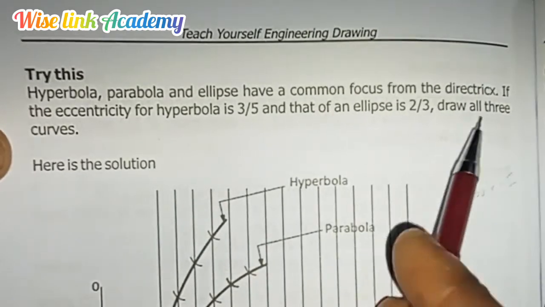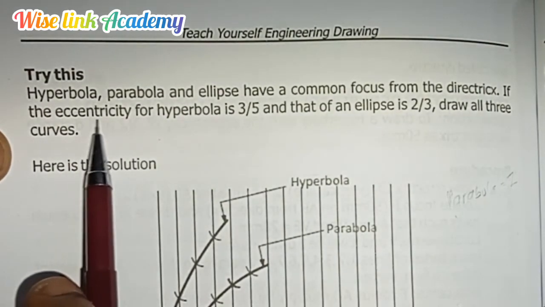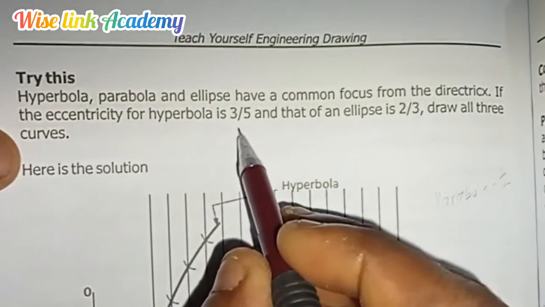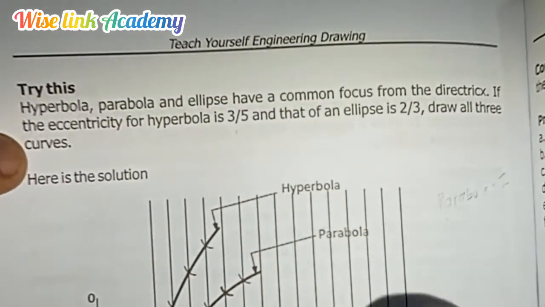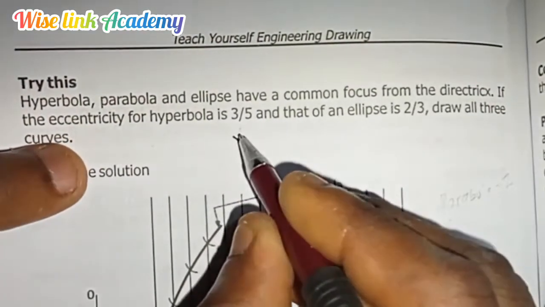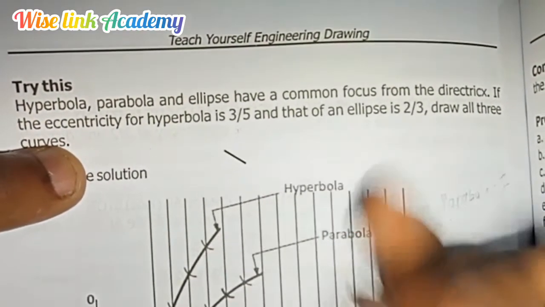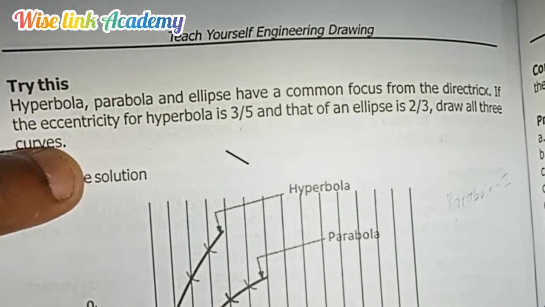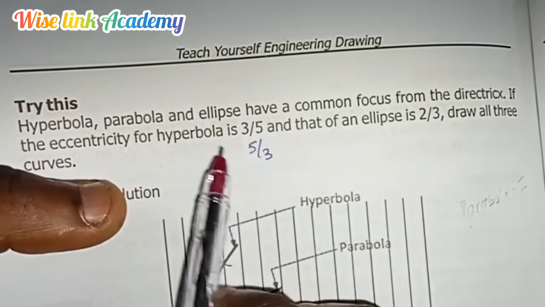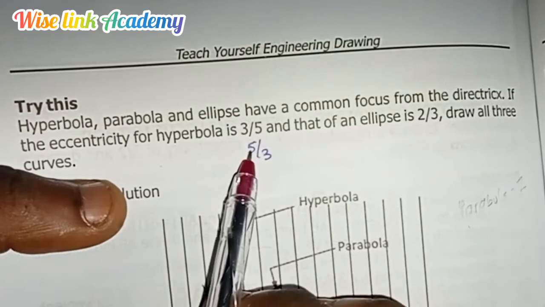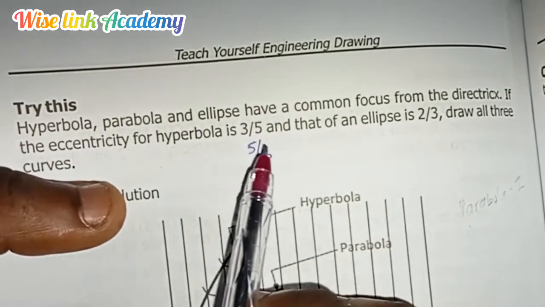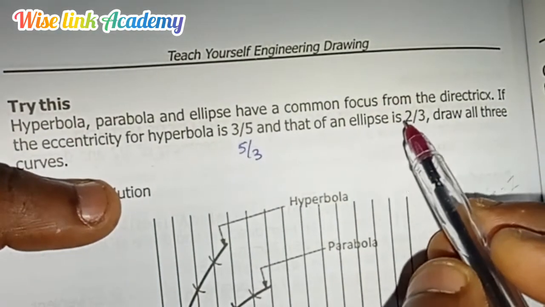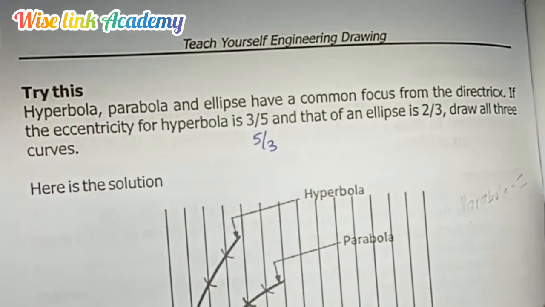So the eccentricity of the hyperbola is 5/3, not 3/5, because hyperbola is greater than 1. And our ellipse is 2/3. So we are given this.